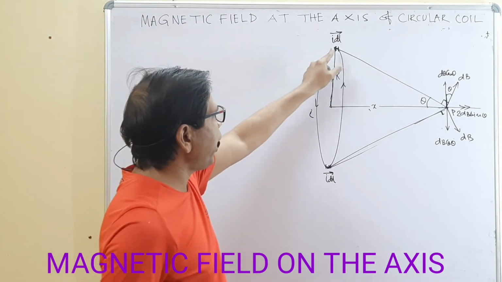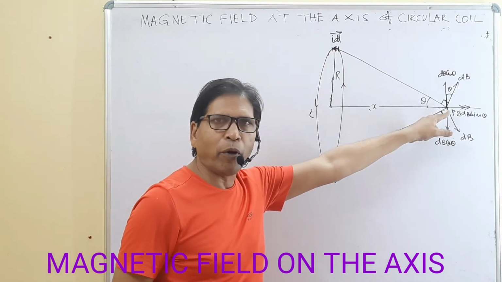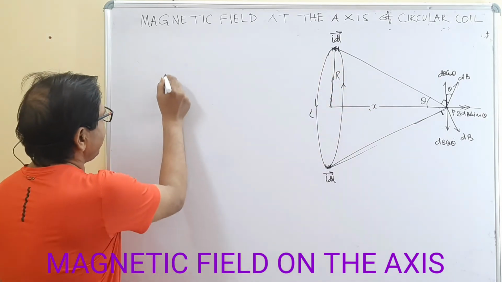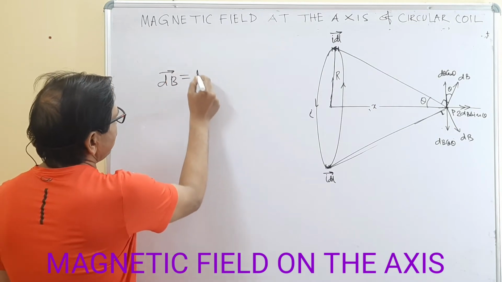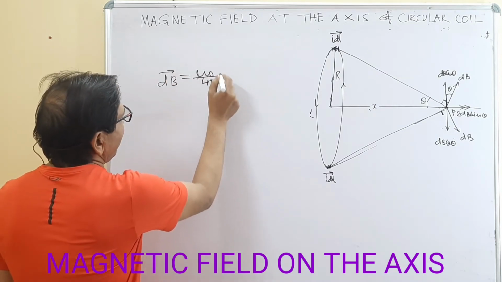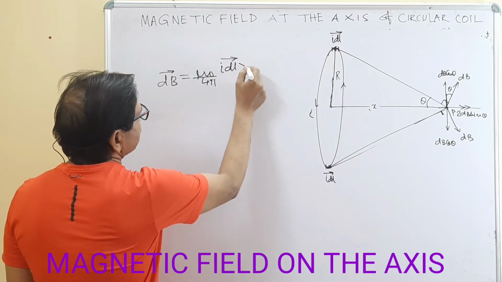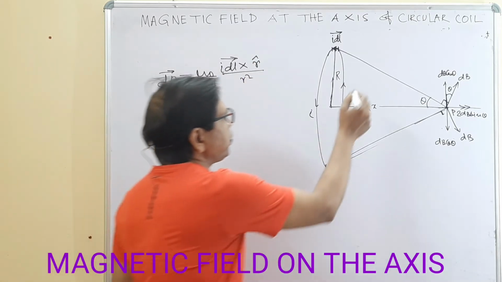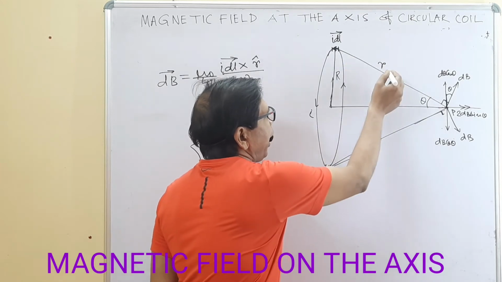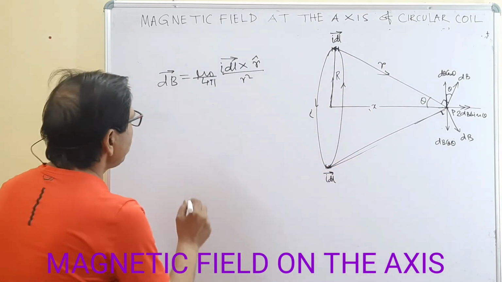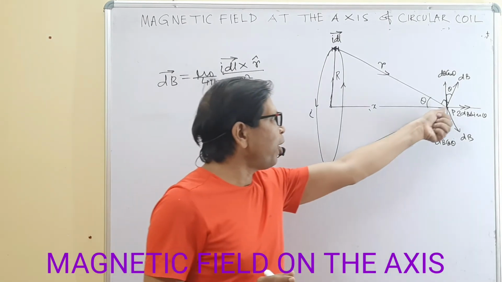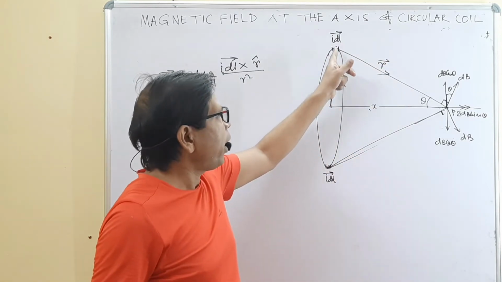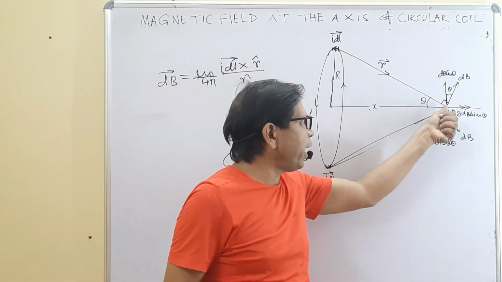The magnetic field at the point P due to current element I dl vector is given by dB vector equals mu naught by 4 pi, I dl vector cross r cap divided by r square, where r is the distance of P from the I dl vector. Okay. So the direction of magnetic field at the point P is normal to the r vector and also normal to the I dl vector. So that is directed along this direction.